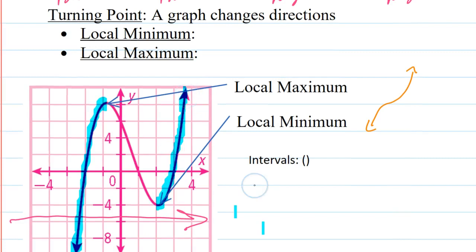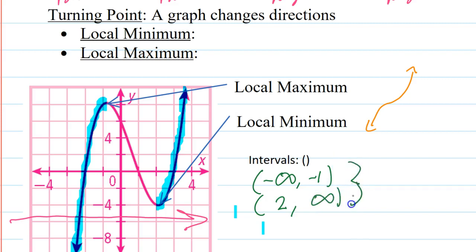So we would say our graph is going up from negative infinity until negative 1, and it's going to go up from 2 all the way until positive infinity. So this is when your graph is going up. The graph is going down from the negative 1 all the way until positive 2.